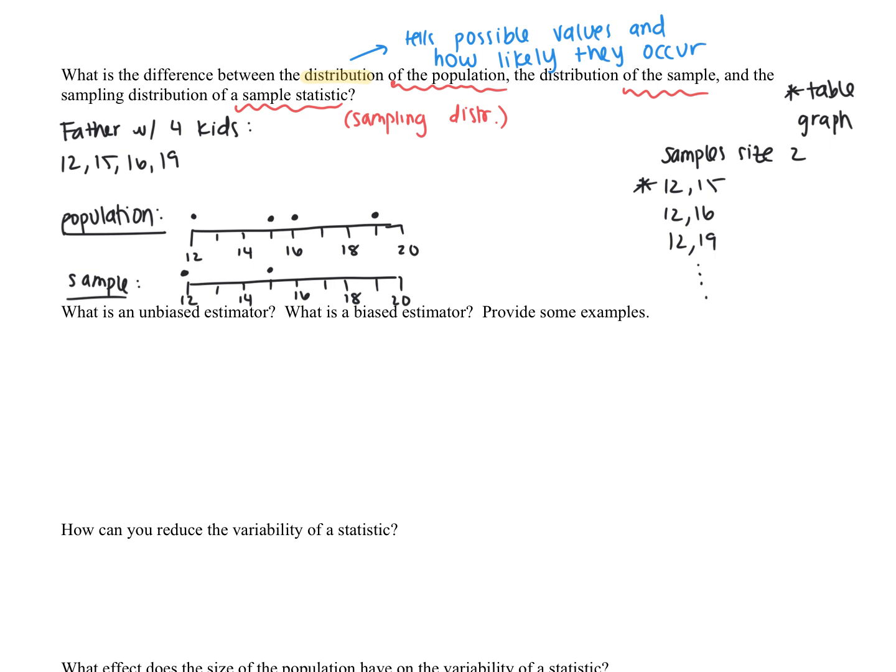Now, these distributions are not that exciting, right? If I look at the population, it tells me there's only 4 possibilities, and they happen once. The sampling distributions then are what we had on the previous page. Sampling distribution, every dot represents a sample.